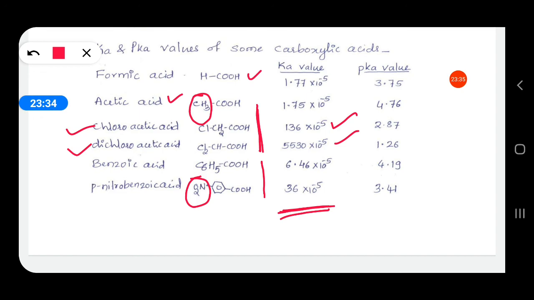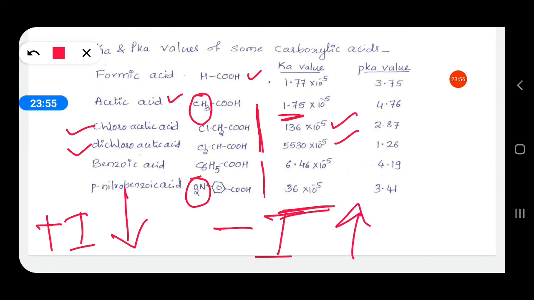It decreases the stability of the carboxylate ion. Therefore, its Ka value is less than formic acid. So, as the plus I effect increases, the acidity decreases. But as the minus I effect increases, the acidity also increases.